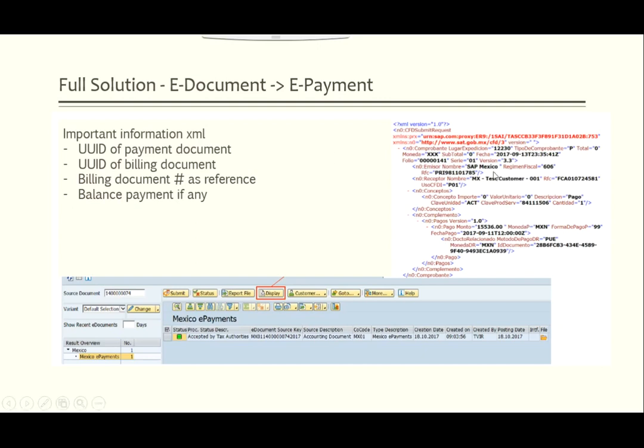You can see all those XML in PDF by clicking on the display option, and you can also export the XML file by selecting the export file option on the e-document cockpit.